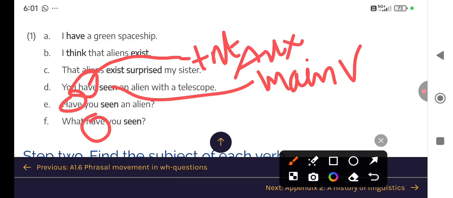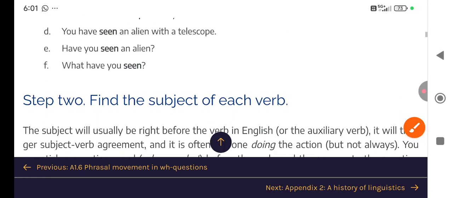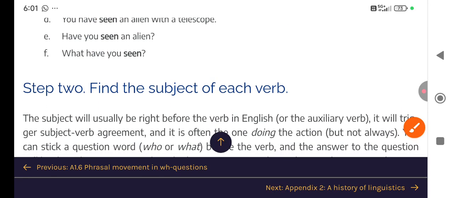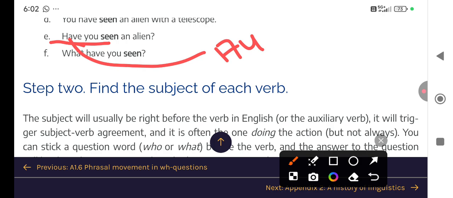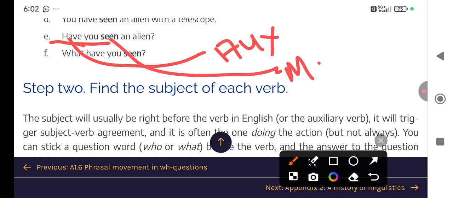Right? In the next case, same, you have seen. So have you seen? Here have is used for a question, but the question is framed with the auxiliary, and the main verb is seen. That's the main verb, right? Okay.